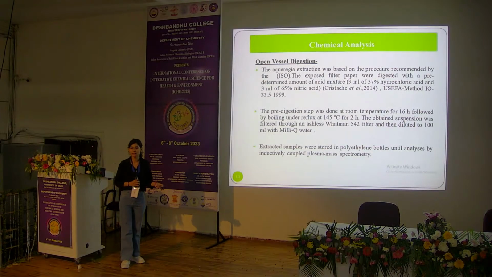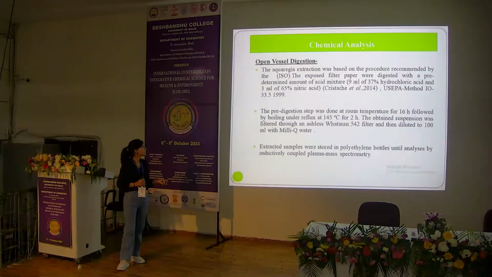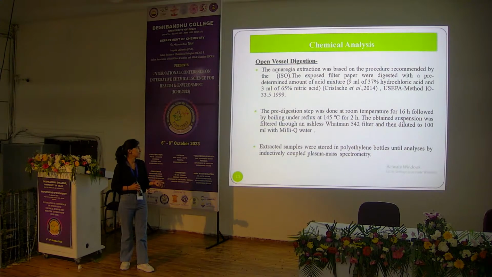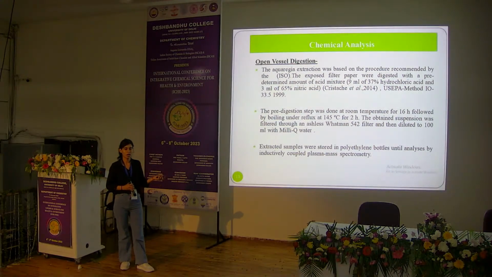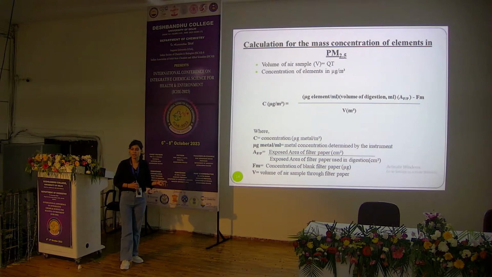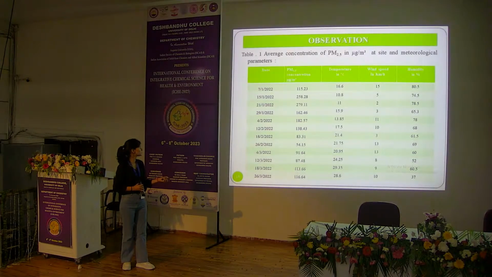By chemical analysis, I calculated the element concentrations in the PM 2.5 samples. First, I digested the sample filter paper by the aqua regia or open vessel method. By ICP and ICP-MS, I characterized the metals.